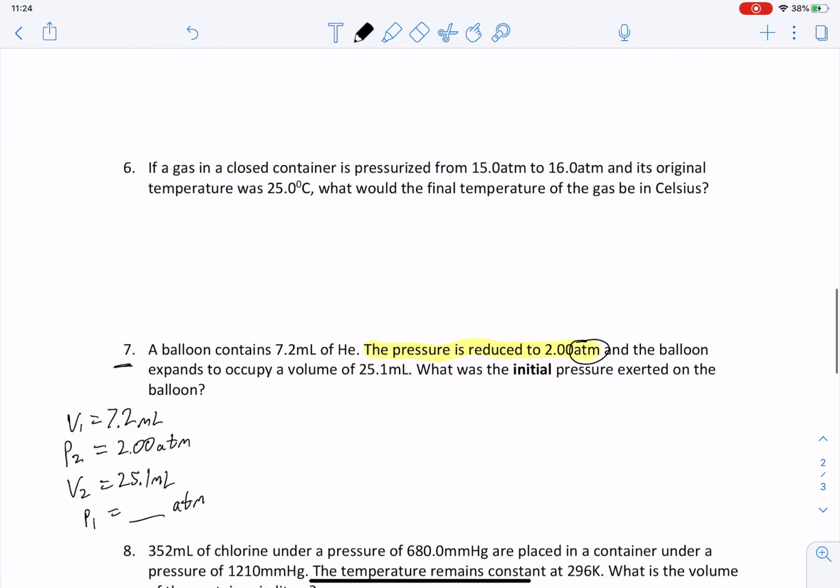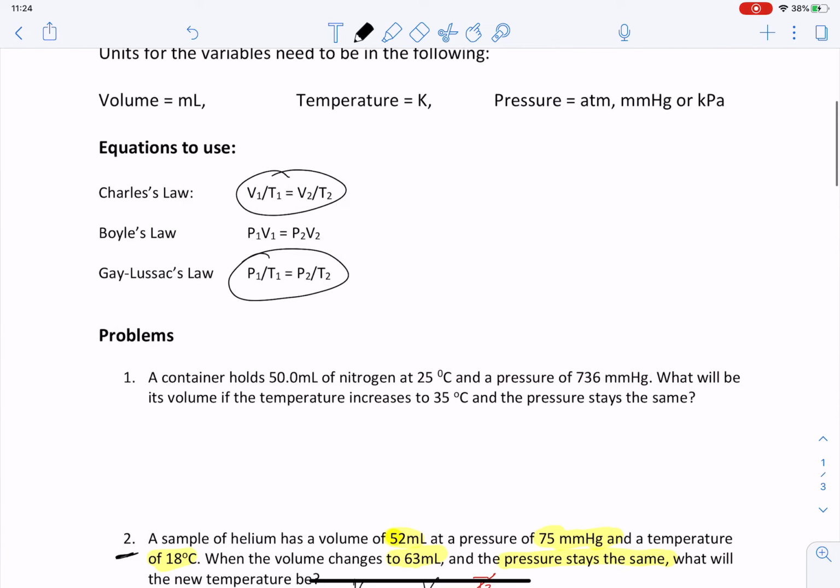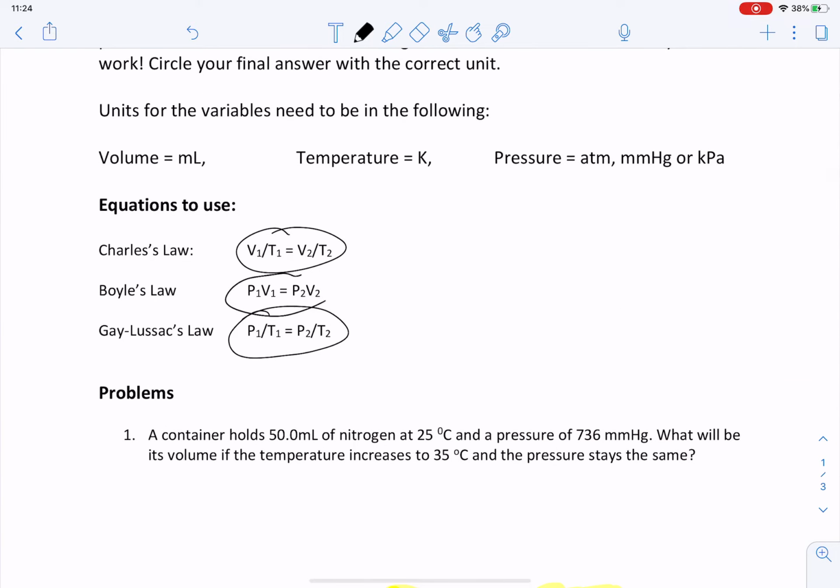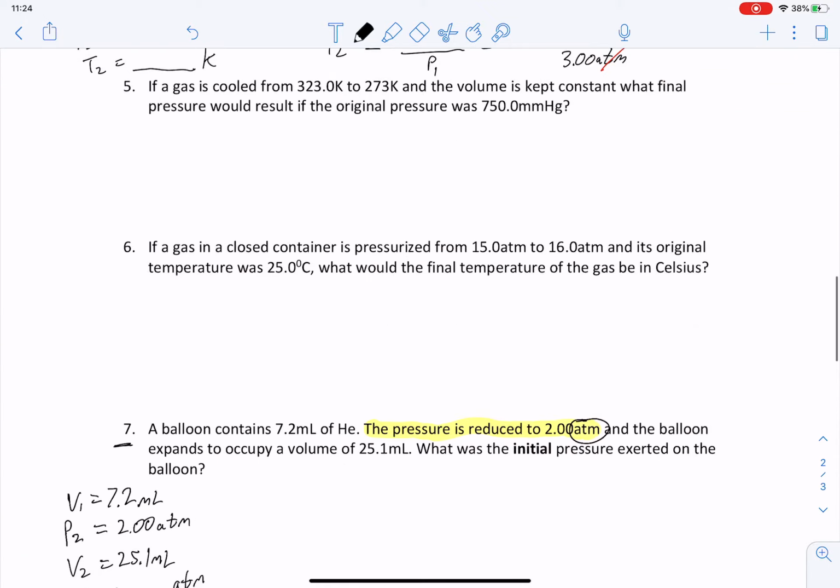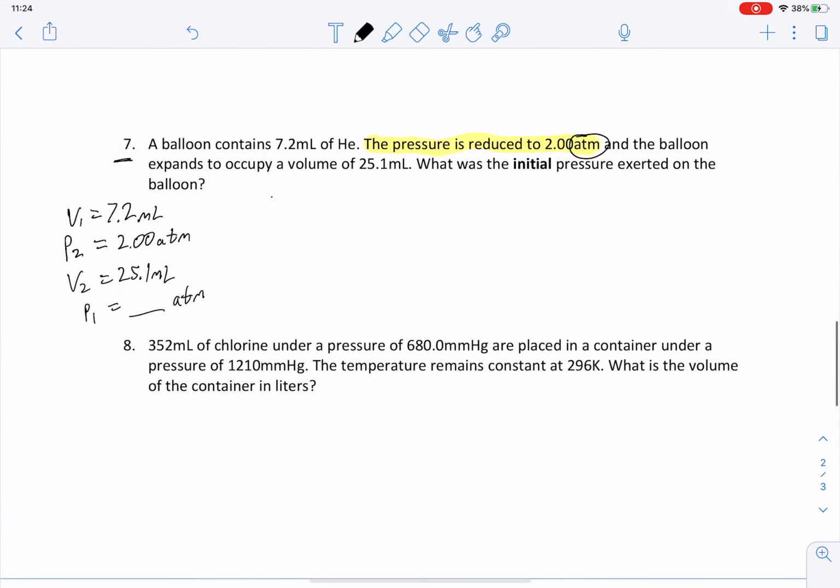Okay, so this is volume and pressure. So we can go to our equations, and that's our last one, Boyle's law. P1 times V1 equals P2 times V2. We're trying to isolate P1, so all we need to do is take that volume and put it at the bottom.